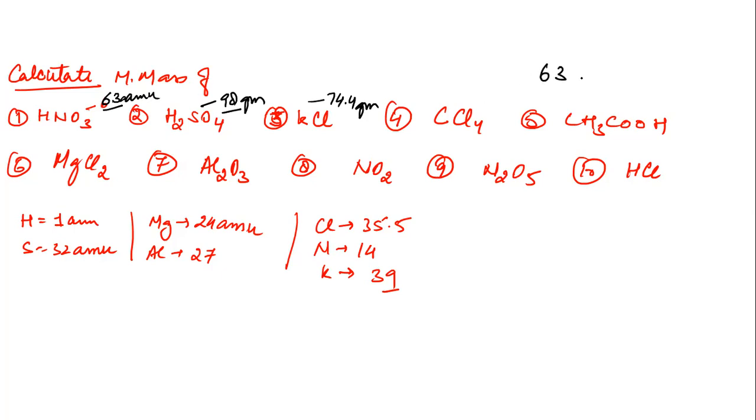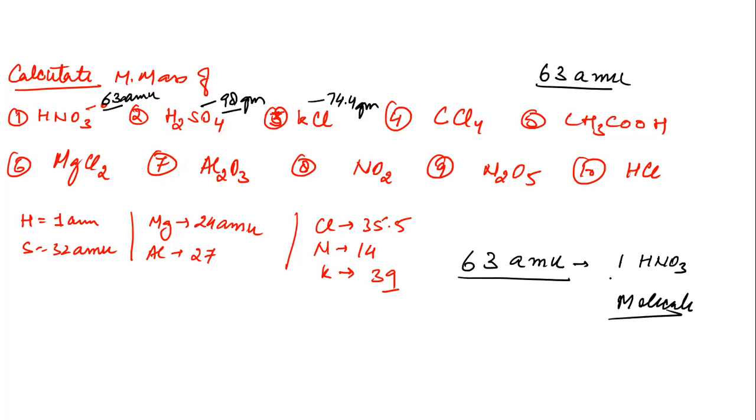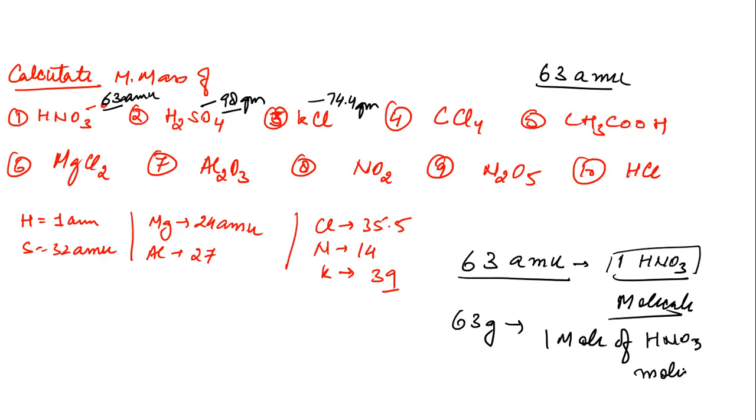If it is written 63 AMU, what do you mean by this thing? 63 AMU means 1 HNO3 molecule. Clear? If I write 63 G, it means 1 mole of HNO3 molecules.